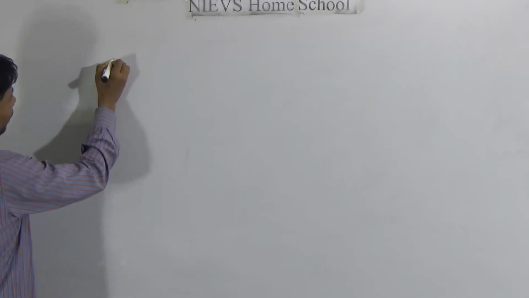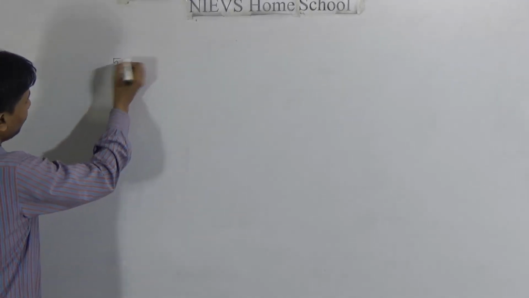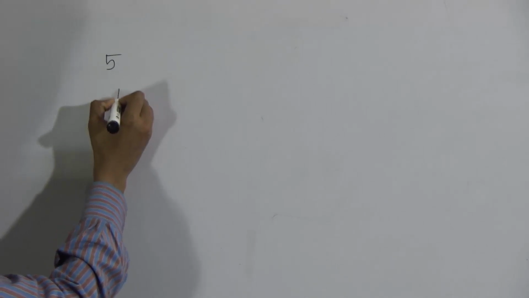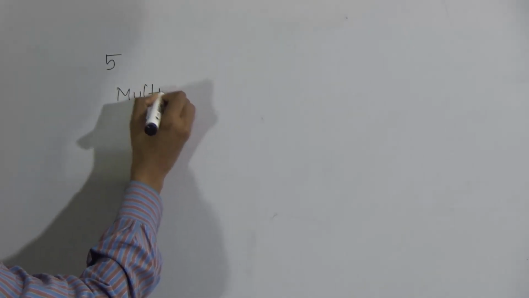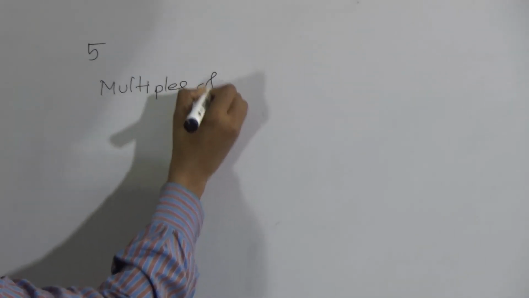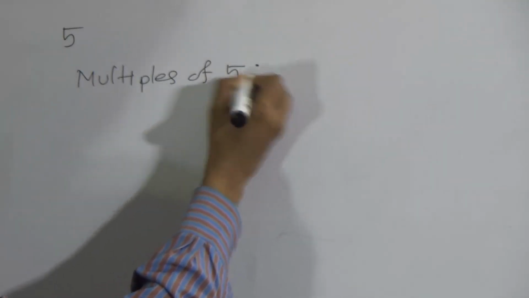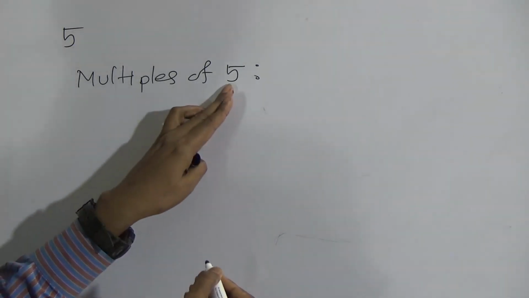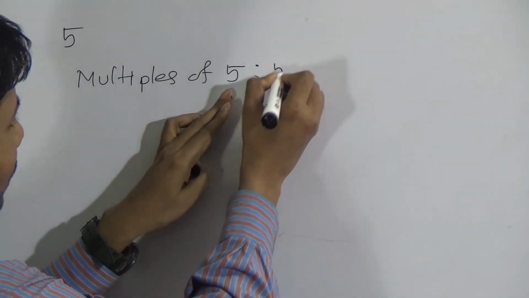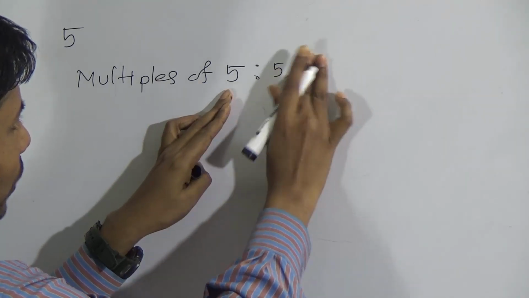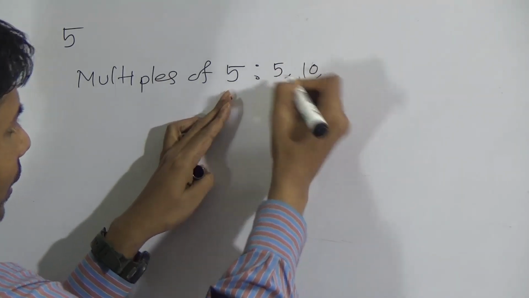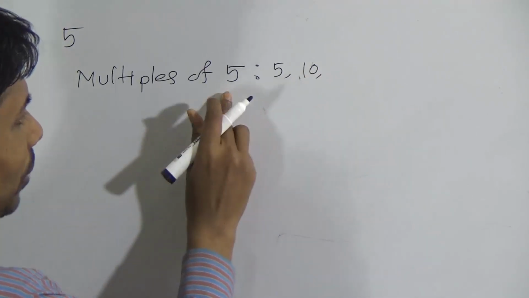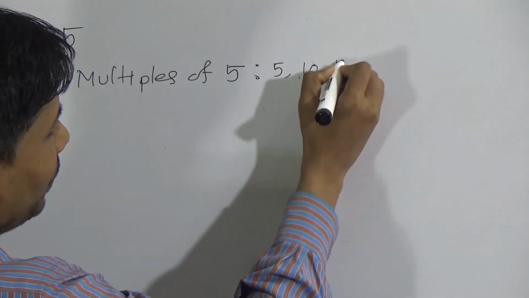Suppose the number 5. How can we determine the multiples of 5? We write multiples of 5. If we multiply this number by 1, then we get 5, then by 2 we get 10, then by 3 we get 15.